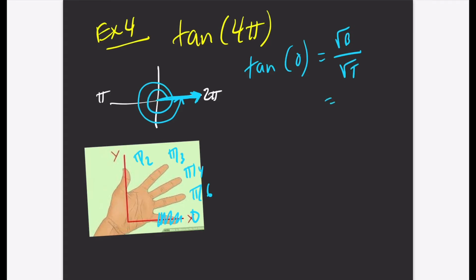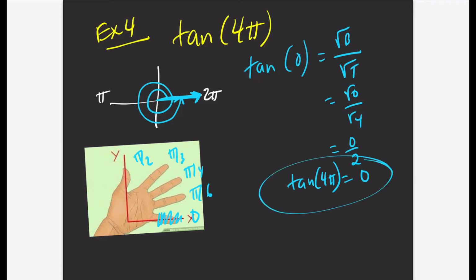So again, your pinky's pulled back, square root of bottom fingers, which is square root of 0, over square root of top fingers, which is square root of 4. Simplify. Square root of 0 is 0. Square root of 4 is 2. 0 over 2 is 0. So the tangent of 4 pi is 0. Since our value is 0, do not check the sign because 0 is neither positive nor negative.